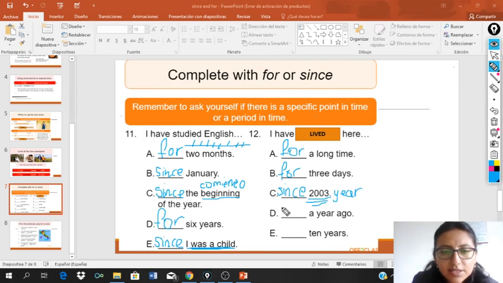Very good. Since a year ago, because we're talking about a specific time. Okay, and the last one. I have lived here for 10 years or since 10 years. Very good. For 10 years.